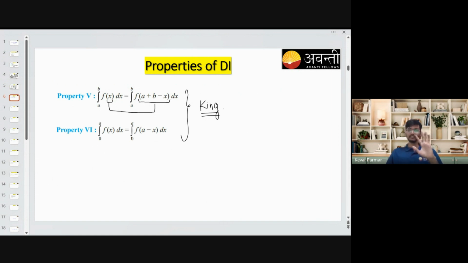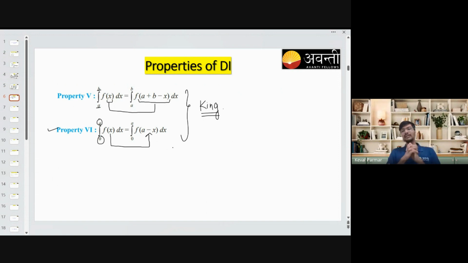Now, property 6 is the same. Just here we have 0 and here we have a instead of a and b. Right? So it remains the same. I can replace x by sum of upper limit plus lower limit minus x.